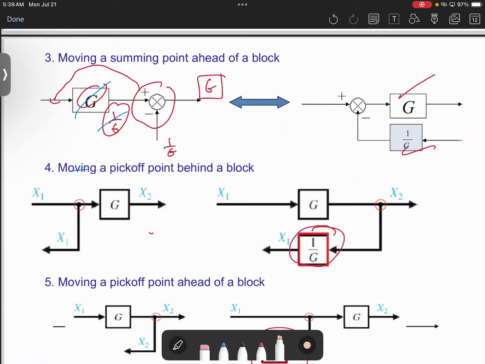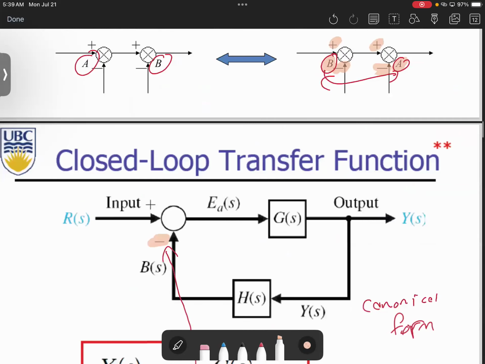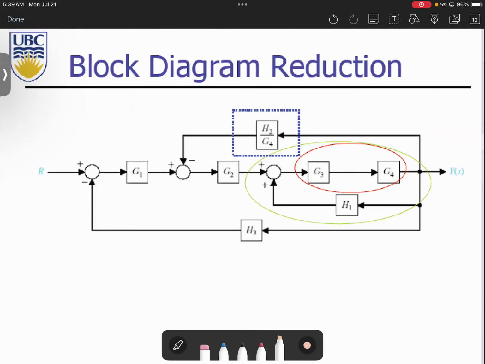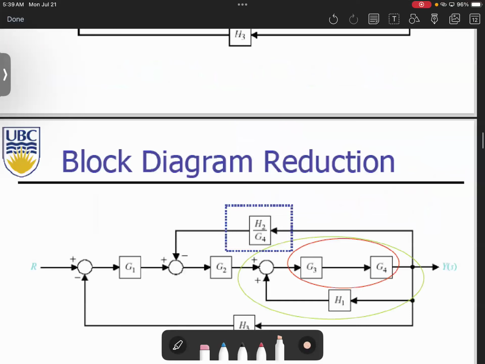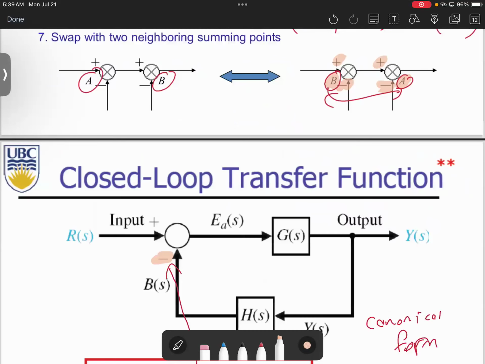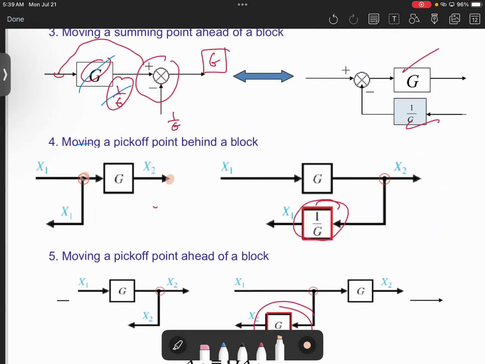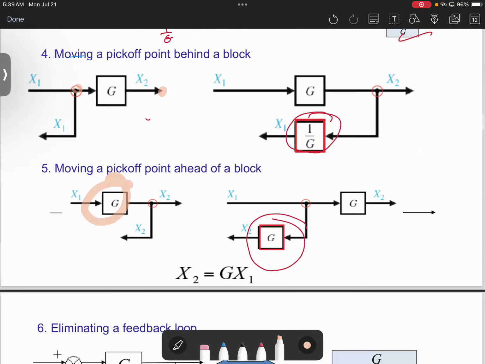When we are moving it from here to here, we will divide this branch by 1 over G. Do we multiply or divide? Moving G to the back. Let's go back and see. G was here.